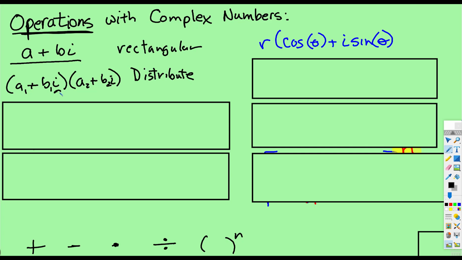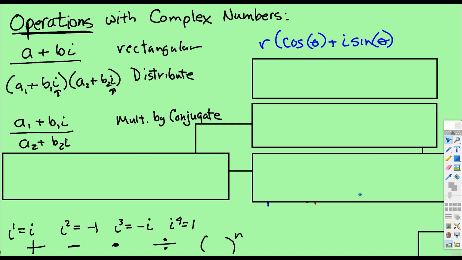You just need to remember what the multiples are when you multiply i, right? i to the first is i, i squared is -1, i cubed is -i, and i to the fourth is +1. Okay, so you just have to remember that. So you're just going to multiply.